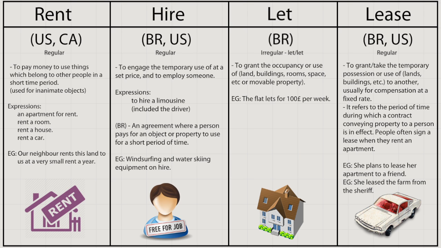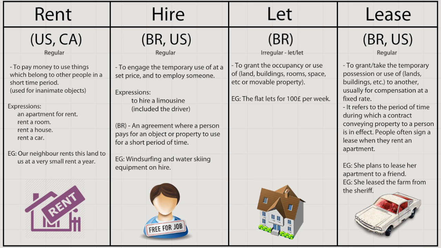So this is a noun here. We're talking about a noun. So it's a verb and a noun, okay? And the example I gave, she plans to lease her apartment to a friend, okay? And this is to give, to grant a temporary possession of or use of her, in this case, her apartment.